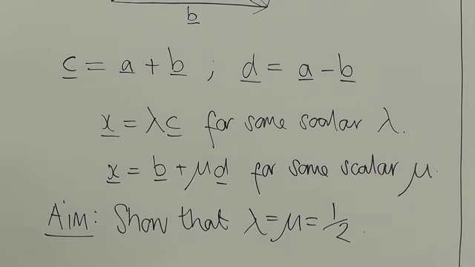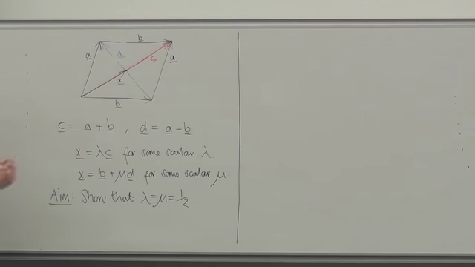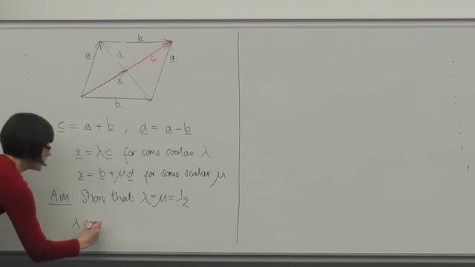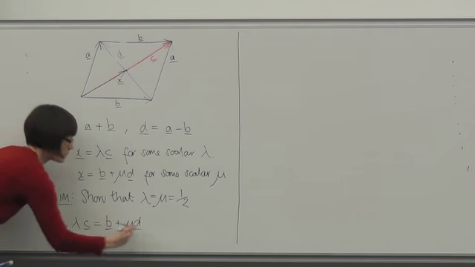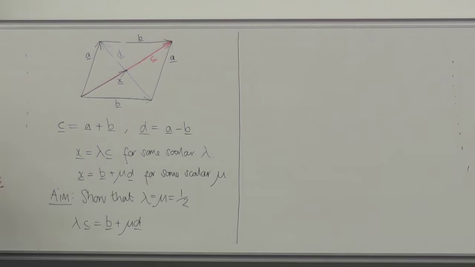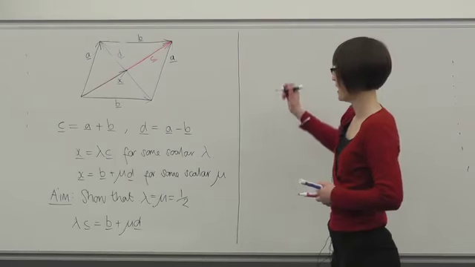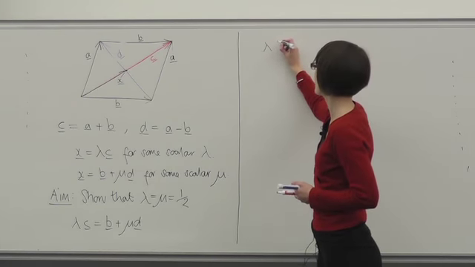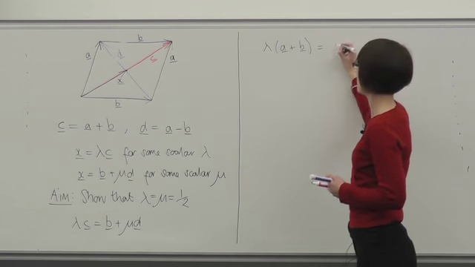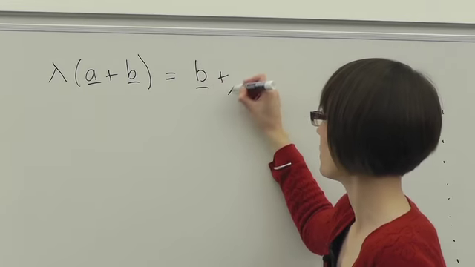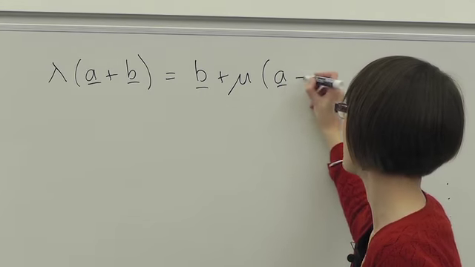Okay, so let's set off and see what we can do. I'm going to start by identifying these two expressions for X. So that tells me that lambda times C is equal to B plus mu times D. And now I'll substitute in the expressions I've got for C and D. So that will give me that lambda times (A plus B) is equal to B plus mu times (A minus B).